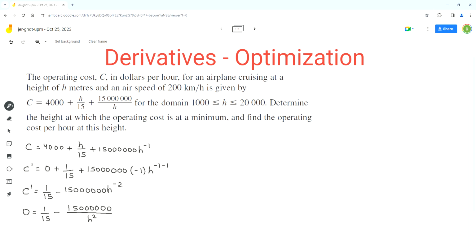Now we can isolate h by moving this second term, 15 million over h squared, to the left side of this equation, and if we do that, this term will become positive.